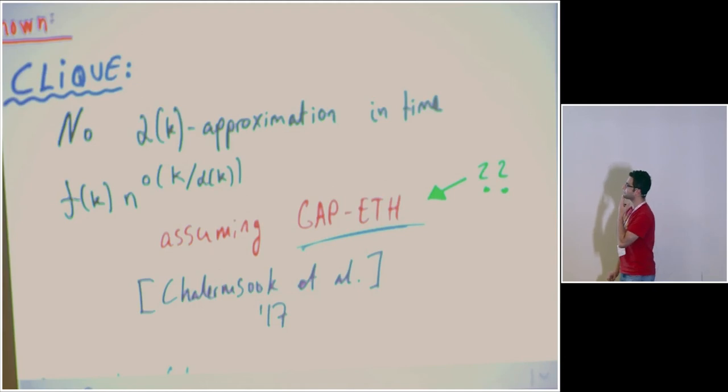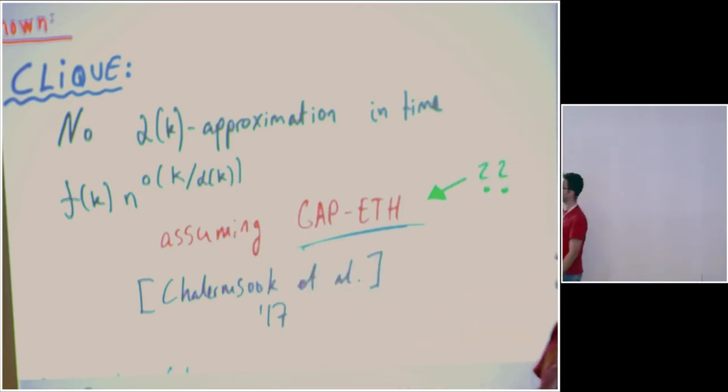So in particular, if I put alpha of k to be k to the 0.99, then what this means is that you have no k to the 0.99 approximation algorithm in time f of k times n to the k to the 0.01.